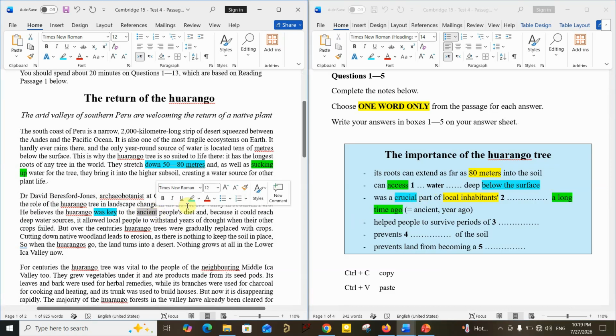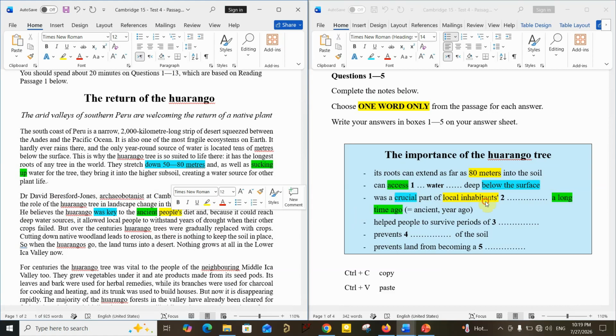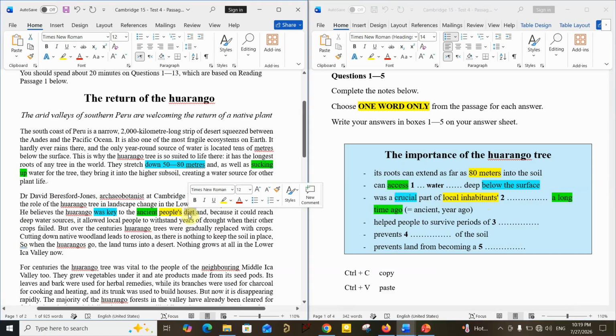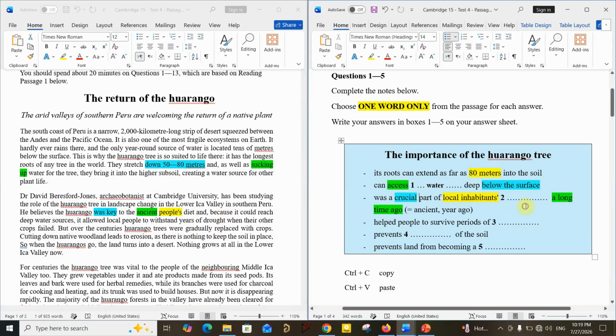Ancient means a long time ago. People means local inhabitants. What is left? Diet. So local inhabitants' diet. You see, it's like a coding language. You just see the paraphrased ones and tada, this is your answer.